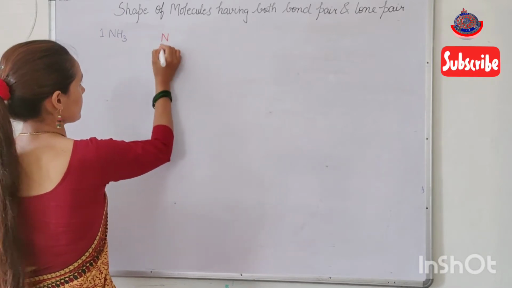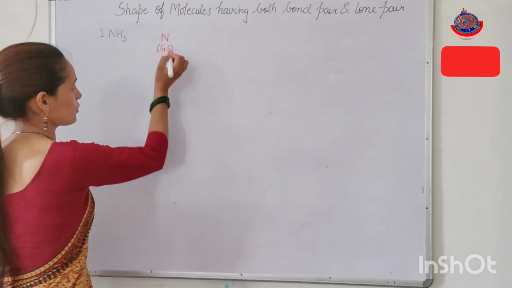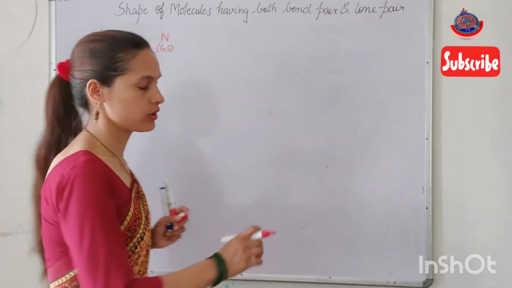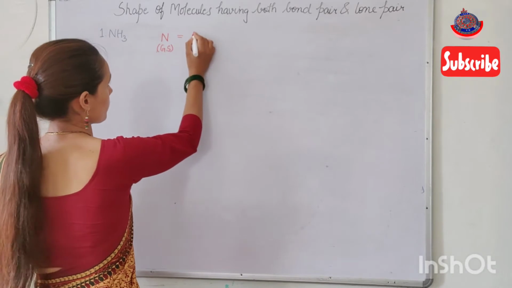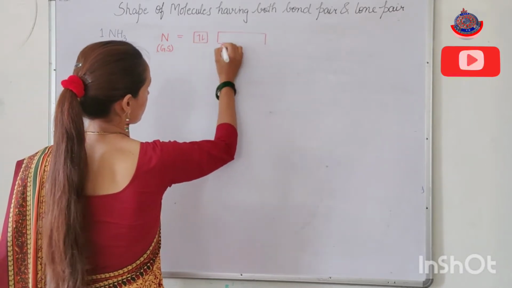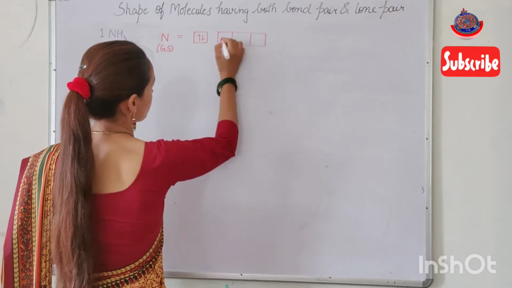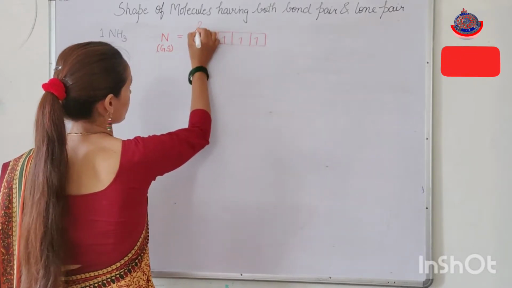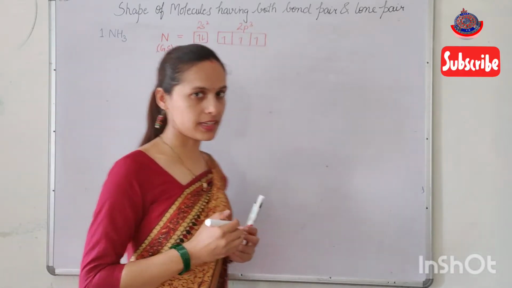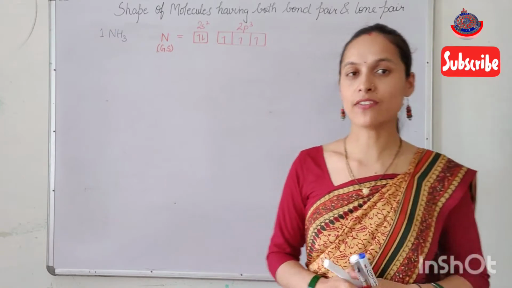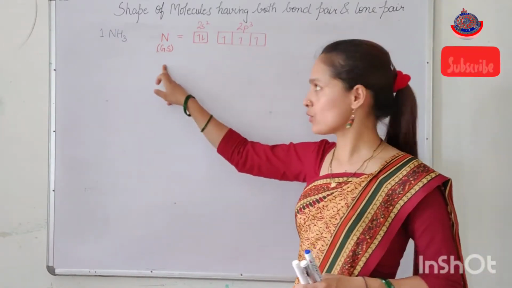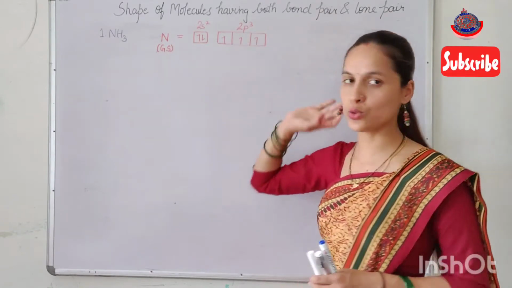If I write the electronic configuration of nitrogen in the ground state, it is 2s2 2p3. Because it is the second shell, we don't have a d subshell, so it is 2s and 2p. So in nitrogen, in the ground state, it is 2s2, 2p3.